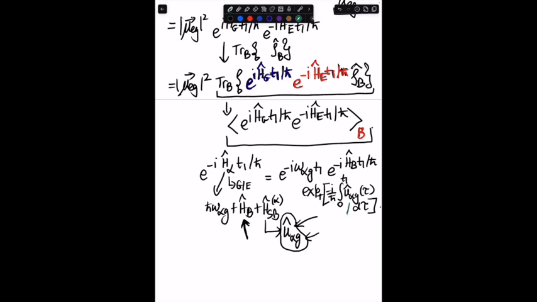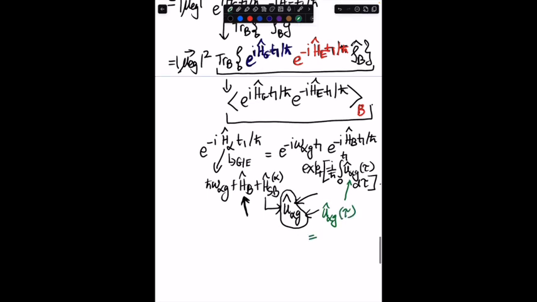So when you treat it in the interaction picture, you have this u hat alpha g of tau, written in the interaction picture with respect to the bath Hamiltonian. So you have e raised to the power i H_B tau upon h bar, mu alpha g, e raised to the power minus i H_B tau upon h bar.